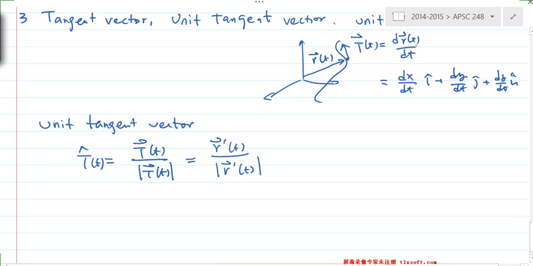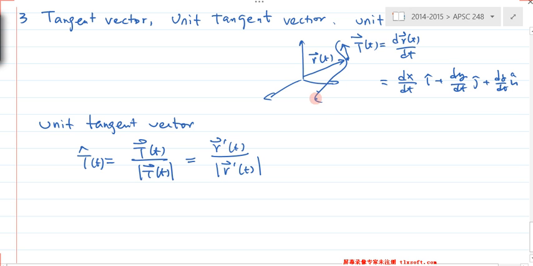There is also a possibility that instead of using t for the parametric equation, we can use the arc length as a parameter.